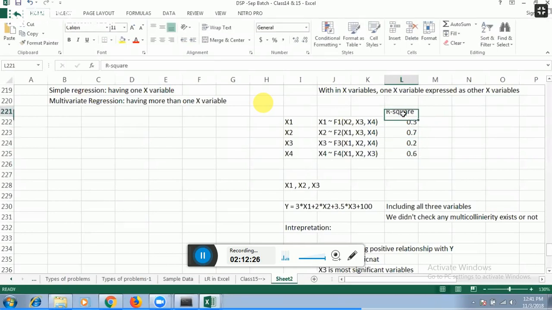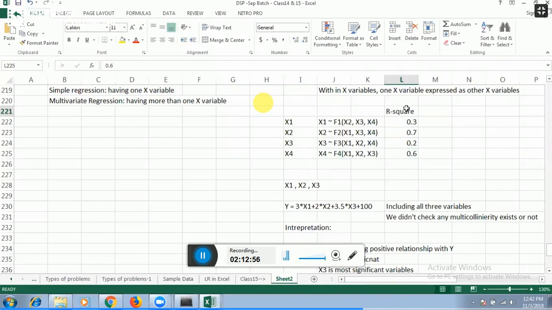In this case, R square is high. What can you say? That the relationship is strong. That means x2 is expressed through x1, x3, x4, and x4 is expressed through x1, x2, x3. So those two are highly correlated, meaning one variable is expressed through the other variables. Most probably x2 and x4 are interrelated. That's the reason you got these high values.